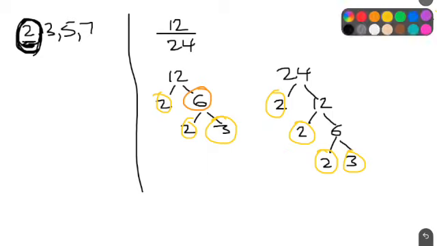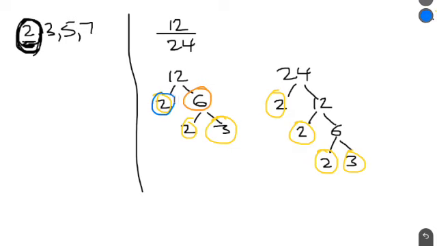Once we finish with both numbers, we want to identify what's common in both, and I'll circle it with our blue marker here. You see that this 2 is common with this 2, this other 2 is common with this 2, and this 3 is common with this 3.